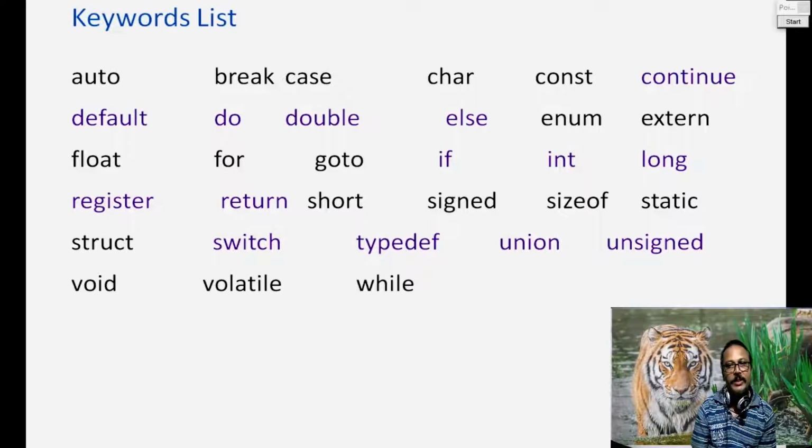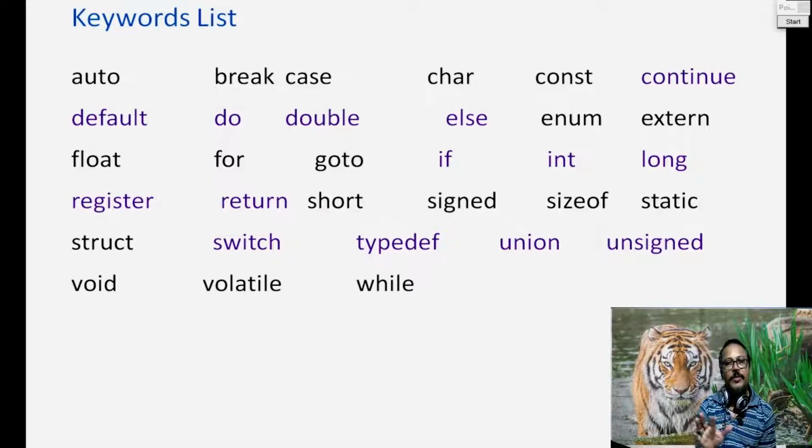Auto, break, case, char, const, continue, etc. All these are keywords, 32 keywords. You need not remember all these keywords, but you should know that you cannot use them. Whenever using variables, functions, etc., you choose appropriate names depending on the purpose, so usually you don't use these reserved words.